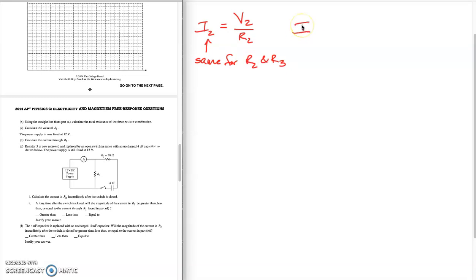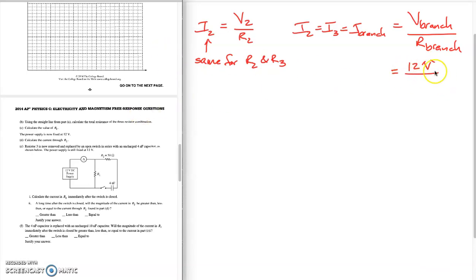So I2 equals I3 equals I in that branch is going to be voltage across that branch divided by the resistance of that branch. Well, the voltage across that branch is going to be 12 volts because one end of that branch is connected to the positive side and the other end is connected to the negative side of the power supply. And then the resistance of that branch is going to be 100 ohms because we have 50 and 50. So 12 divided by 100, what we get for I2 is going to be 0.12 amps.